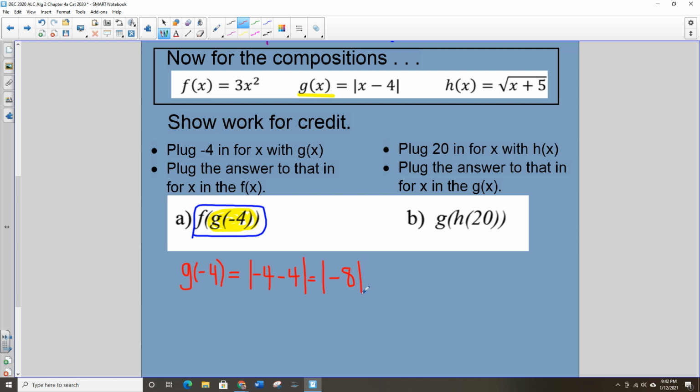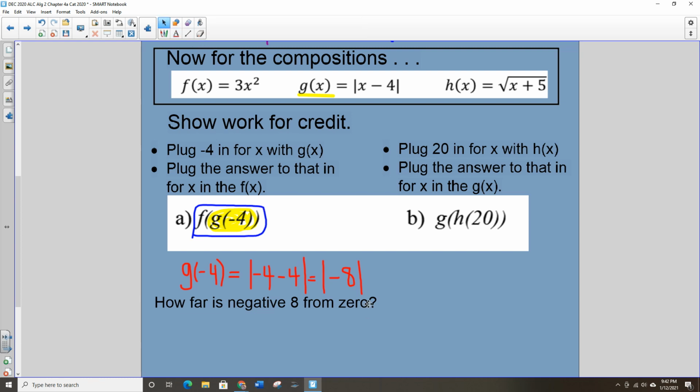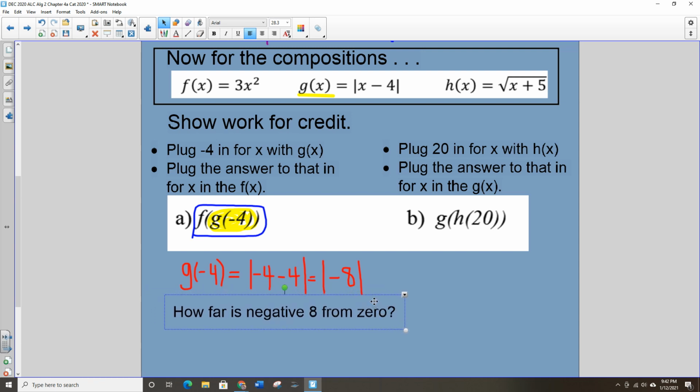Now that gets you to the absolute value of negative 8. And just a reminder, in case you're more of a visual learner, we're asking you, how far is negative 8 from 0? And distance is always measured as a positive number. We never say that I'm driving to Minneapolis and it's going to be negative 14 miles to get there.